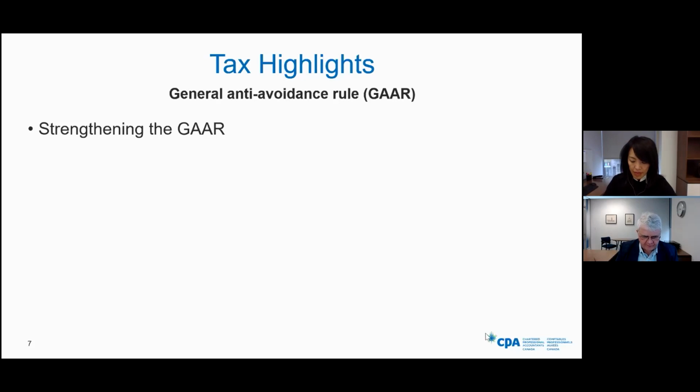If you reported the transaction or the situation to the government, then the penalty wouldn't apply. So that's how they are approaching that issue. And finally, they're going to extend the reassessment period by 3 years to give them more time in terms of the reporting. Now, again, you'd be able to shorten the reassessment period if the situation is reported.